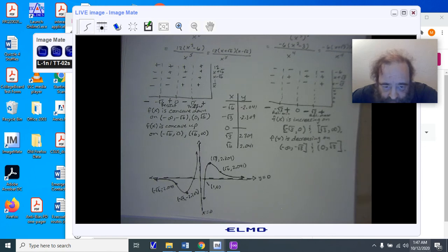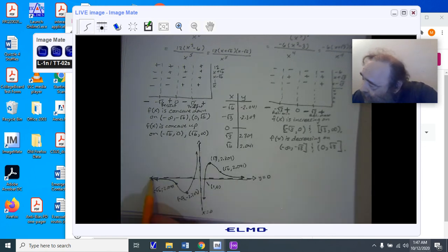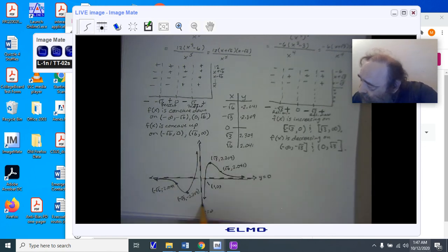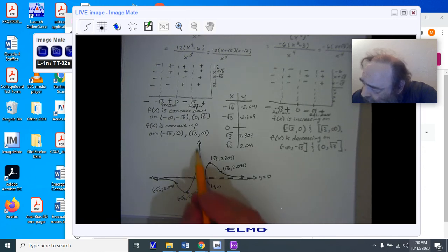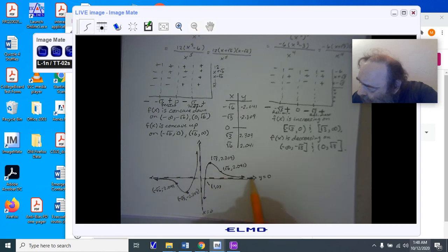So let's review it. I started off with the two asymptotes. I plotted the 2 points of inflection, the 2 maximas, minimas, and the 2 zeros. I then did the concave up portion of the graph and the concave down portion of the graph, then concave down and concave up.